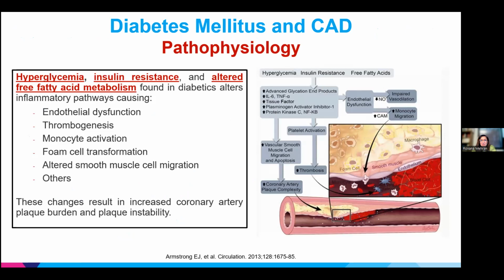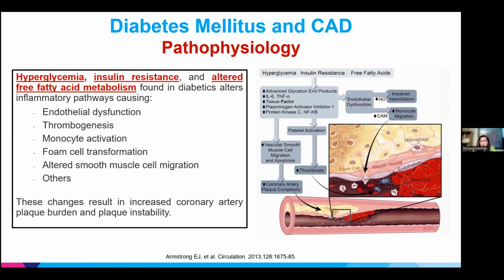Because of the very important close relationship of diabetes and coronary disease in the pathobiology, hyperglycemia, insulin resistance, and free fatty acids have clear associations with endothelial dysfunction, platelet activation, thrombosis, vascular smooth muscle cell proliferation, migration, apoptosis, and of course, increasing plaque complexity and changing, in fact, the remodeling processes.